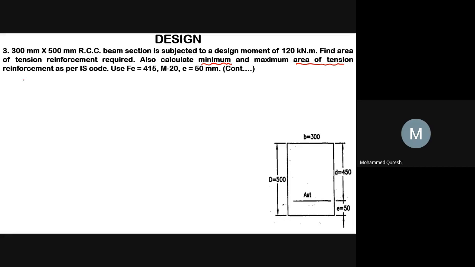The equation for minimum area of reinforcement is given in IS 456 2000 page number 47 as Ast by bd equals 0.85 upon Fy.